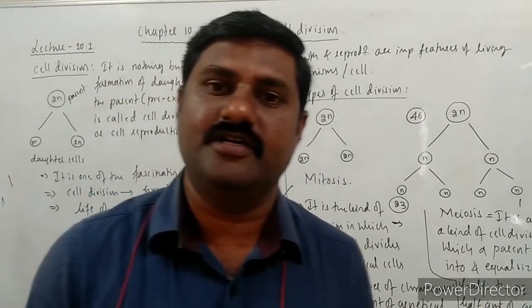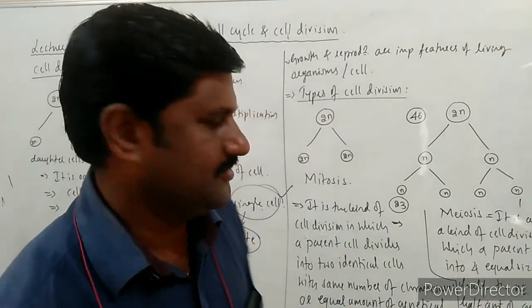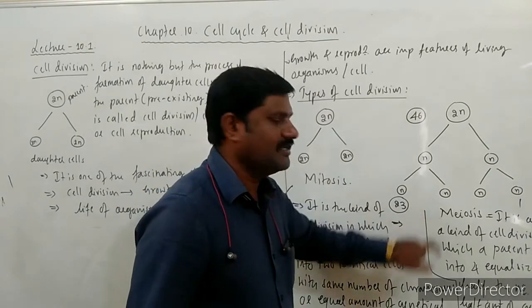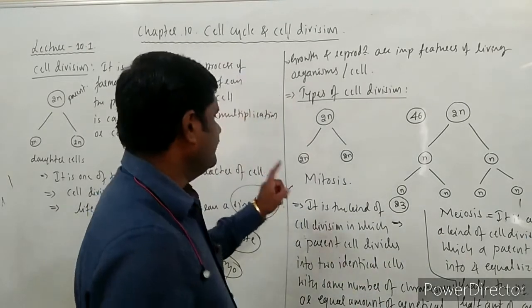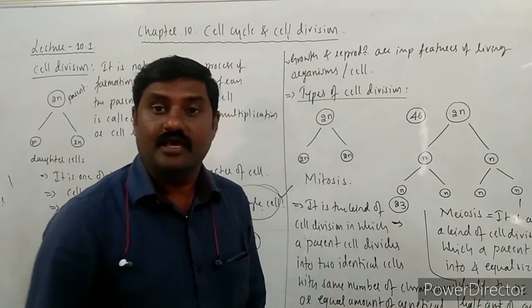Half the amount of genetical material within themselves. Such kind of cell division is called as meiosis, and this is called as mitosis.